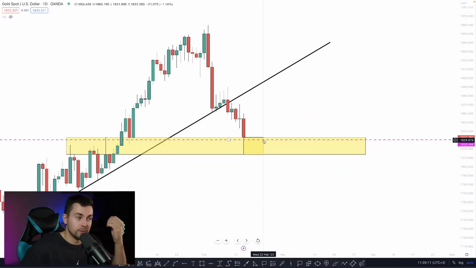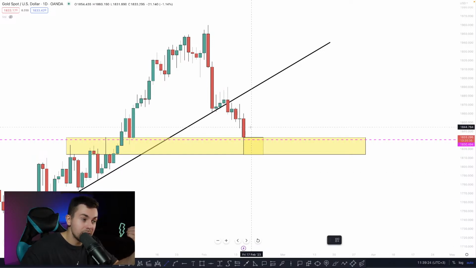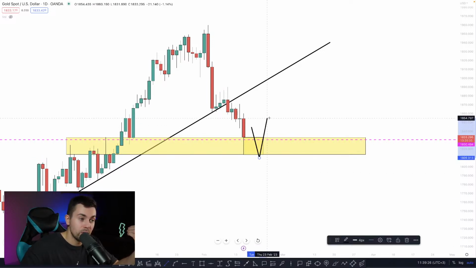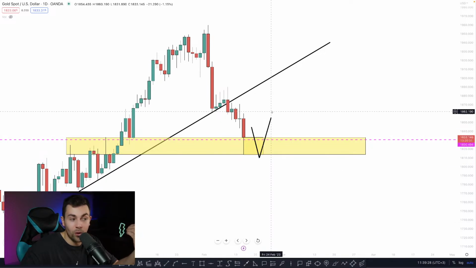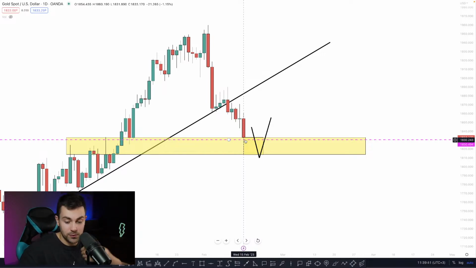And I want you to realize that 1830 is the upper boundary of that zone of demand. Technically speaking, the price can do something like that before it bounces. So do not blindly buy this point. Even though it is within our zone, buy that only after a confirmation.